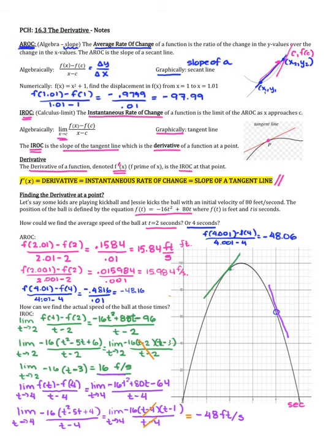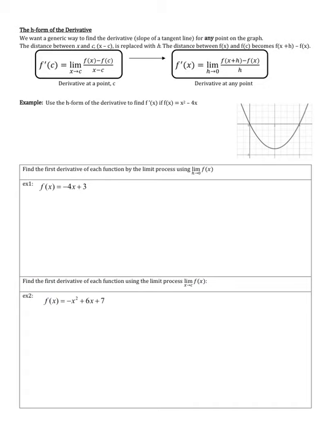So the limit of that average rate of change was a negative 48 feet per second, which corresponds to the slope of that tangent line. So what we just showed was that the limit of the average rate of change actually equals the instantaneous rate of change. In other words, the derivative at a point, which is the slope of a tangent line.